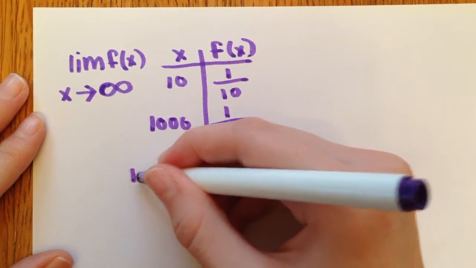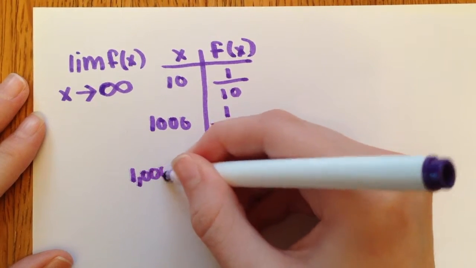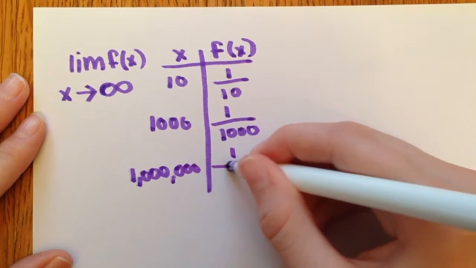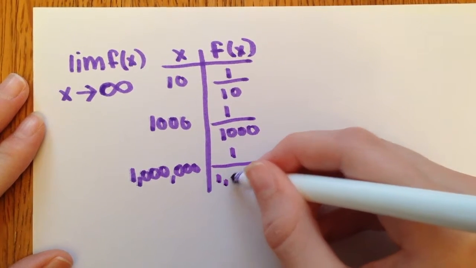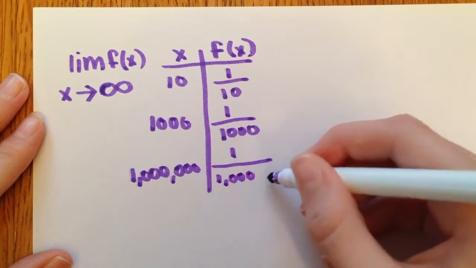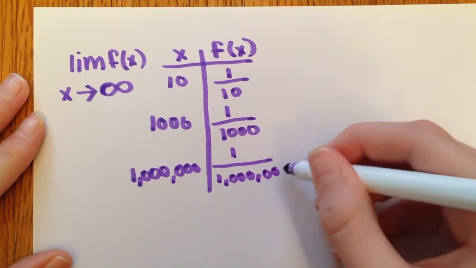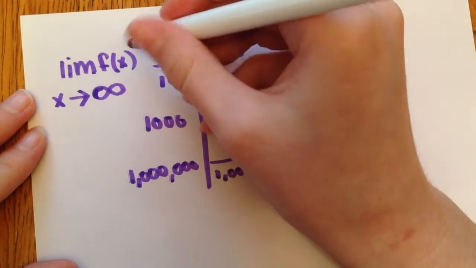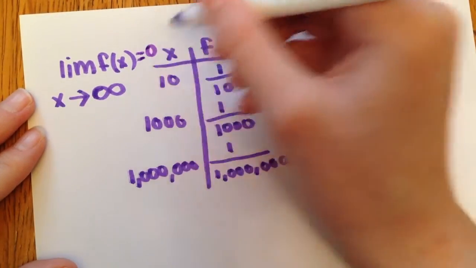And as you can see, the f of x outputs are getting smaller and smaller as the x values are getting larger and larger. So that means from this table you can tell that the limit of f of x as x approaches infinity is 0.